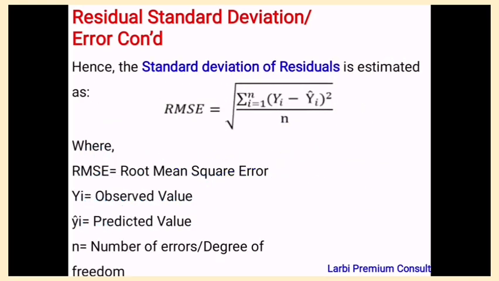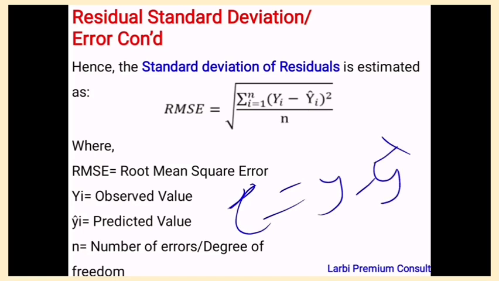So how do you find the standard deviation of a residual? It is the root mean square. First of all, find the error. How do you find it? The error is the observed value minus the predicted value, which is e, equal to your y minus y-hat, your observed value minus the predicted value.